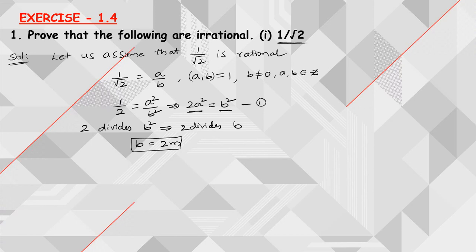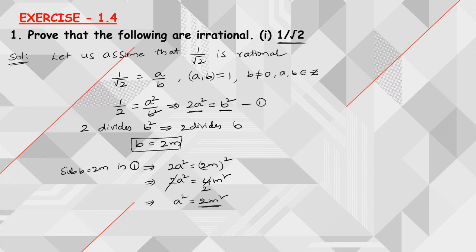When I substitute b is equal to 2m in equation number 1, I am going to have 2 times a square is equal to 2m whole square. This I can write as 2 times a square is equal to 4 times m square. Again 2 gets cancelled in 4 two times, then a square is equal to 2 times m square.